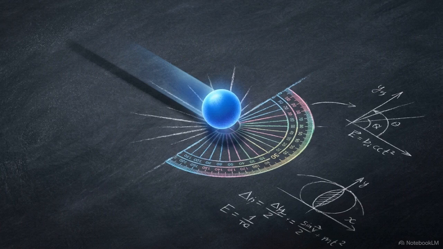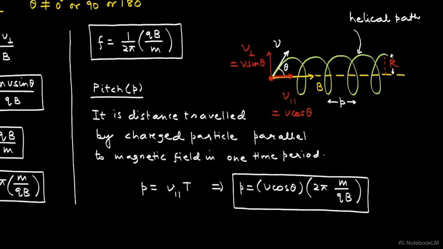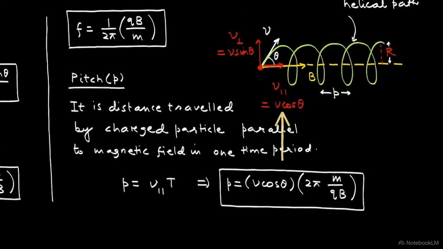This is the general state where the entry angle is oblique, falling somewhere between strict 0 and 90-degree conditions. Here, we decompose the oblique entry velocity into two components. The perpendicular component, v sine theta, dictates the circular radius of the path. The parallel component, v cosine theta, experiences 0 magnetic force, moving at a constant speed, stretching that circle into a helix.